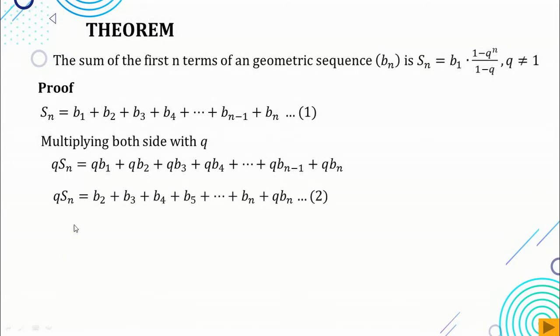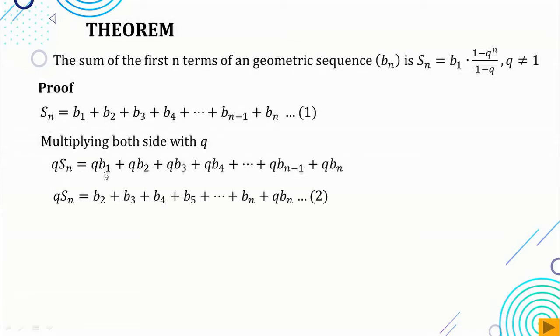So from here, we know that k b1 is equal to b2, right? Why, miss? It's from the general term of the geometric sequence, which is bn equals b1 times k power n minus 1.